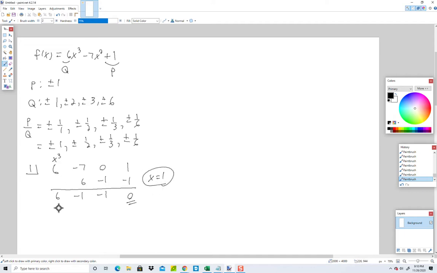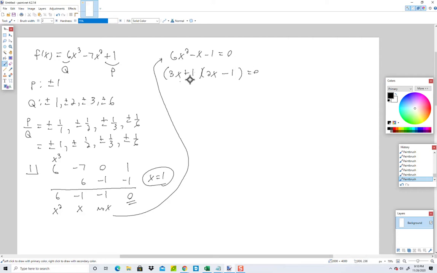Now this was x to the third, so straight down below it will be x squared, that's x, and that's our constant term. So we're left with 6x squared minus x minus 1 equals 0. Does this factor? Let's see: 6x squared minus 3x plus 2x minus 1.